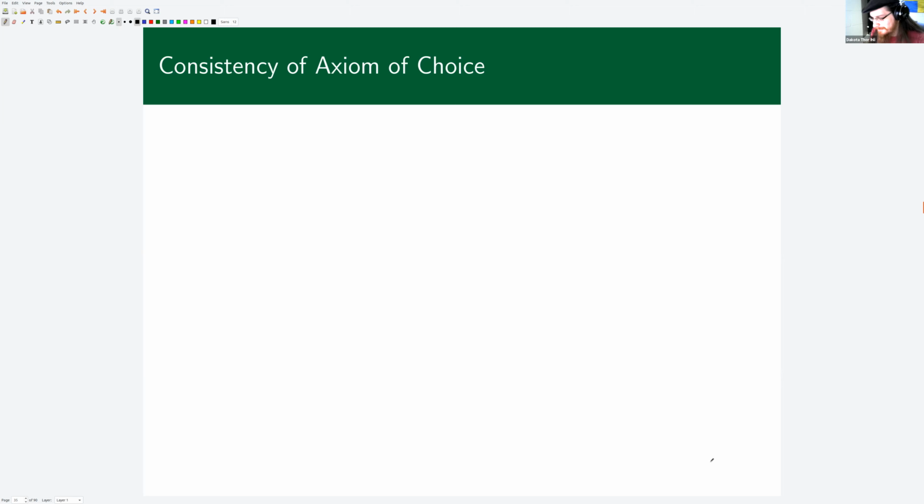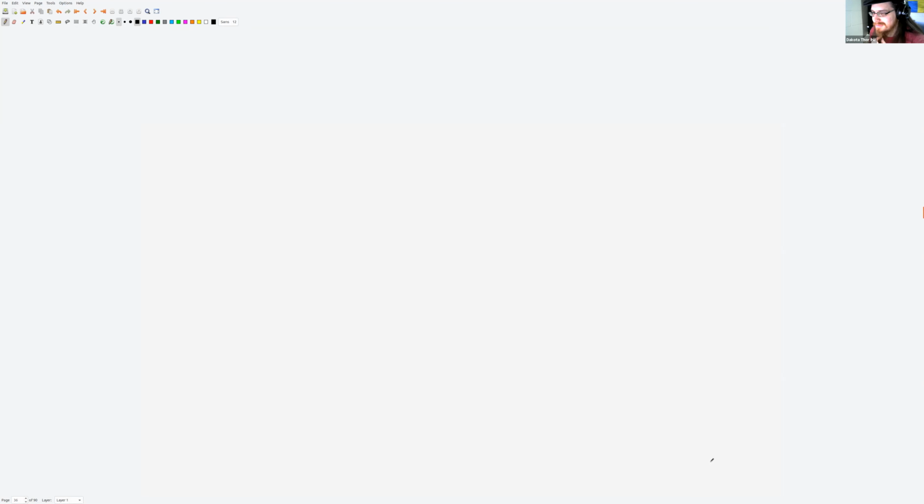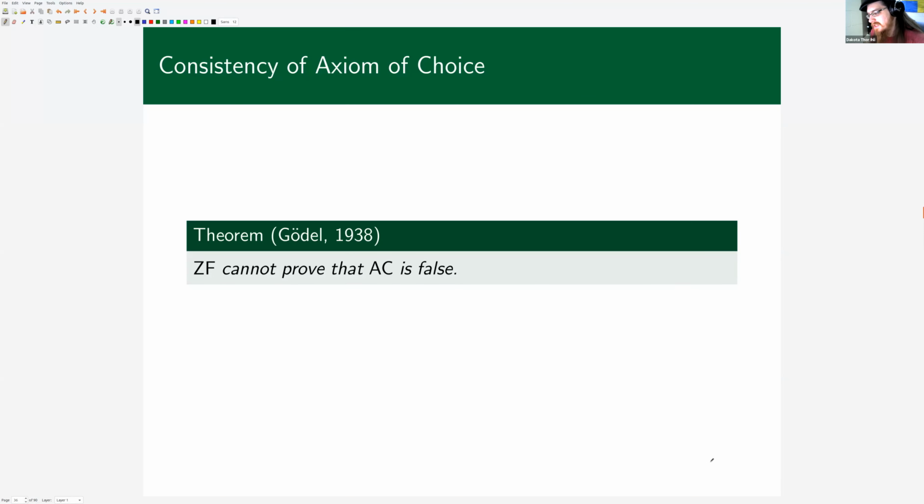This is obviously a good property for an axiomatic system to have, because if you could prove a contradiction, then you could prove literally anything, which sounds useful, but it's not mathematically interesting, because intuitively we think some things should be false. And it turns out that the axiom of choice is consistent relative to ZF, meaning that you can't start with ZF and then prove that the axiom of choice is false.